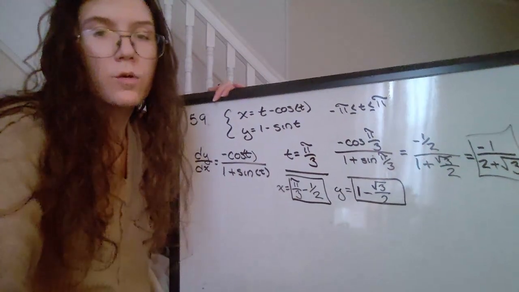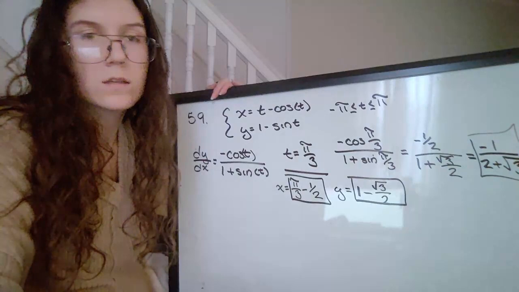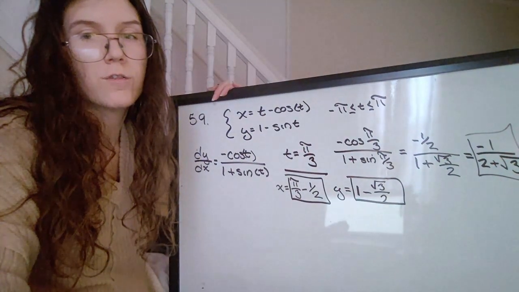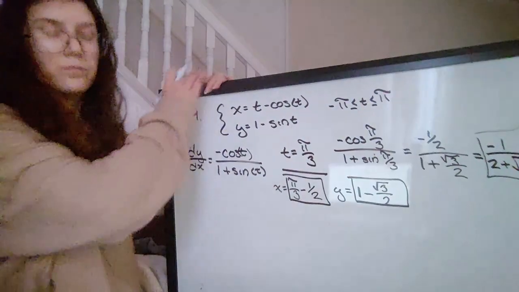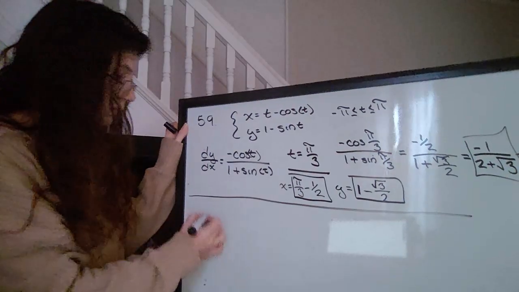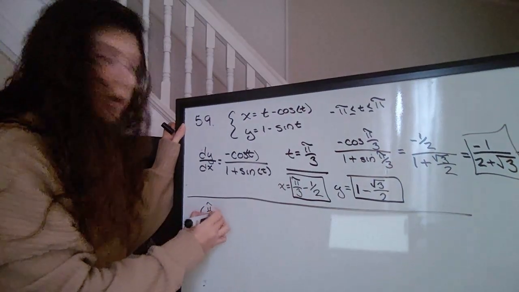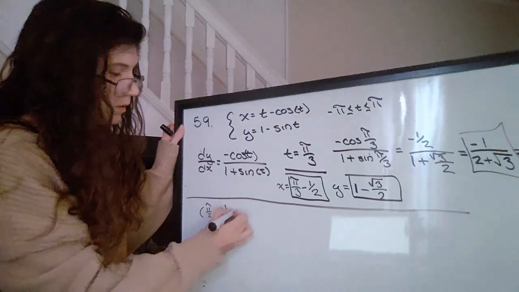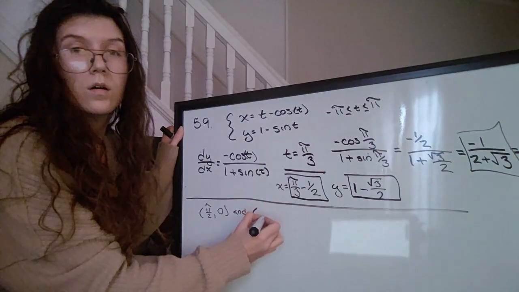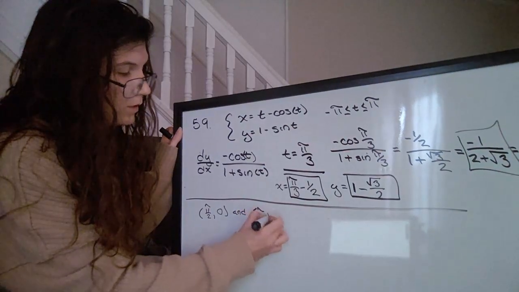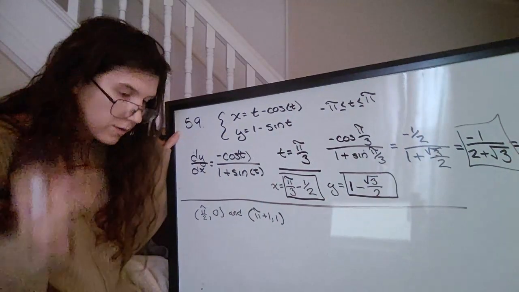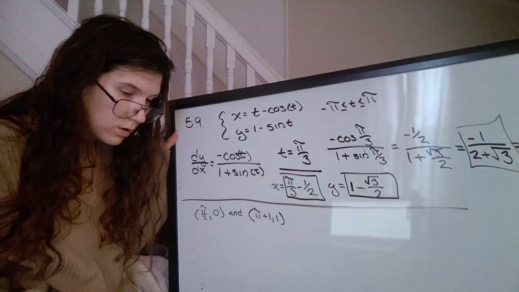All right, so then it says, set up an integral that represents the area under the curve between the points pi over 2, 0, and pi plus 1, 1. It says specifically do not evaluate.